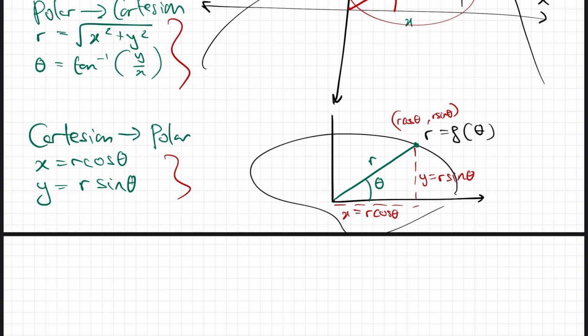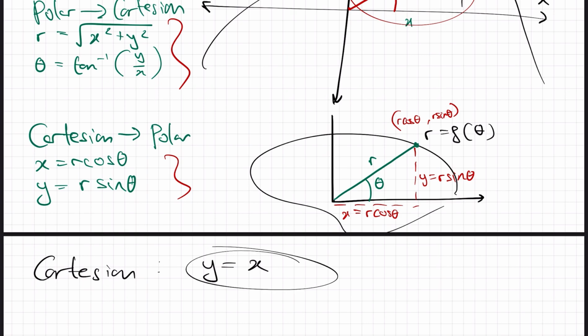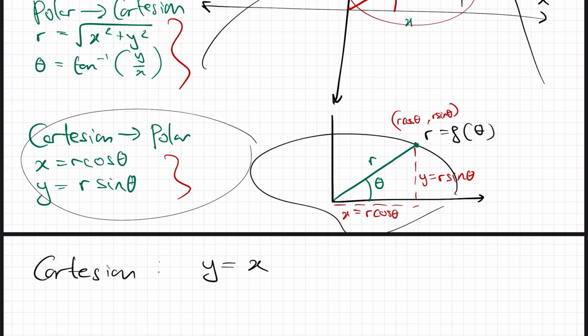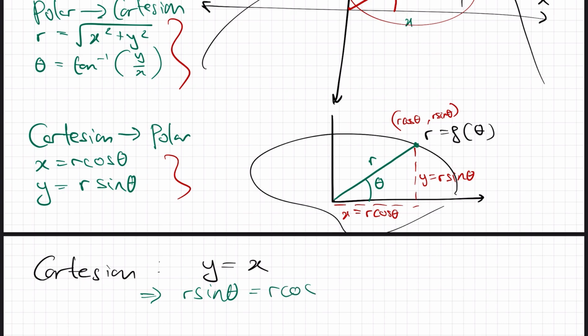Now let's look at an example of this. Let's say we have the Cartesian equation y equals x. How are we going to convert this into a polar equation? We can use our Cartesian to polar equations and just replace everything. We replace the y's with r sine theta, and we replace the x's with r cos theta.